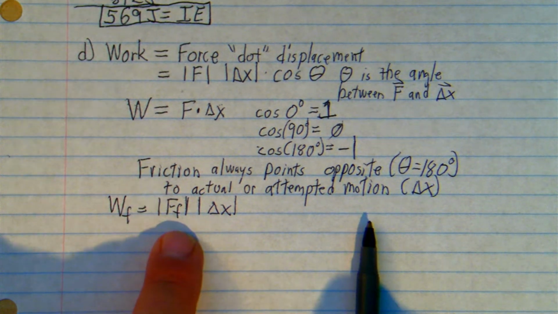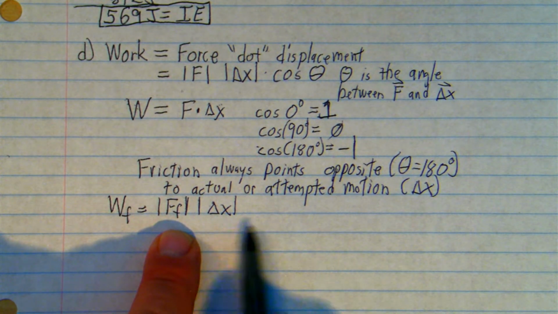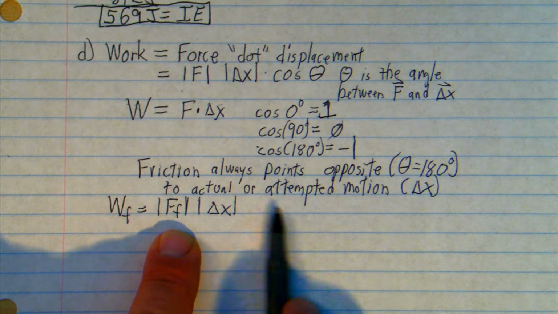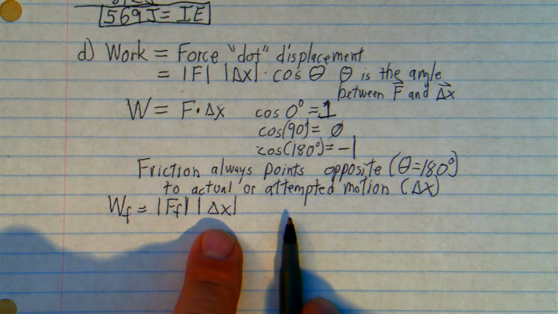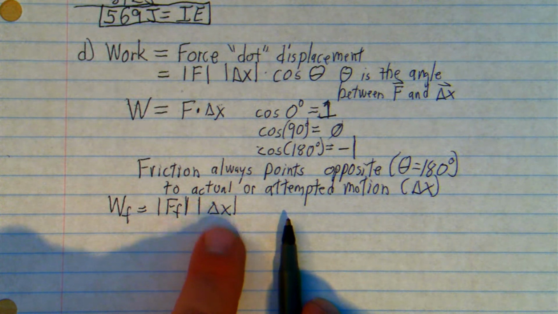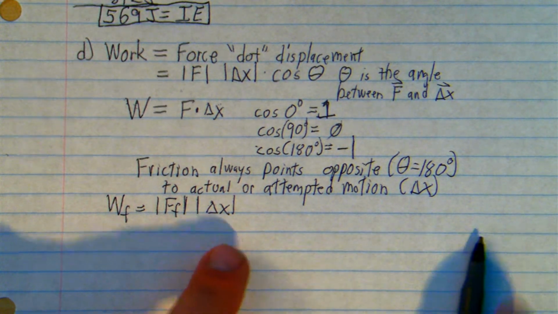For any other force, we don't care about how it gets from point A to point B. We only care about the change, final position minus initial position, so delta x.